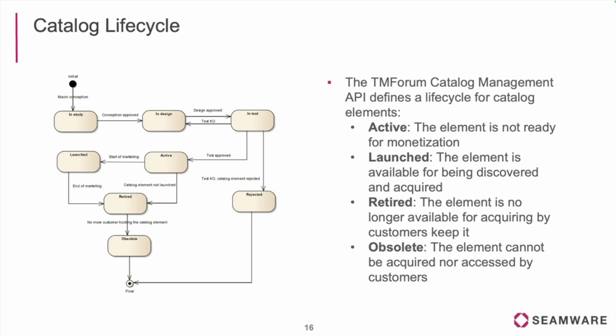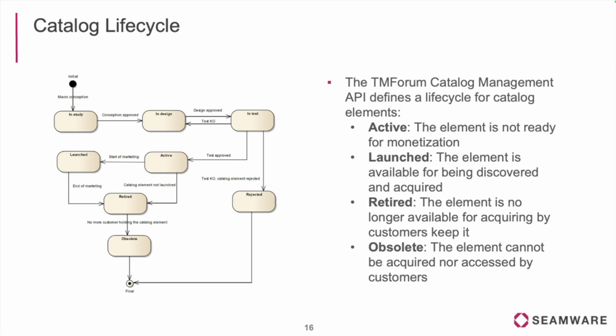When we decide that we don't want our product to be acquired anymore, we can change the status to retired. In retired status, the element can no longer be discovered or purchased, but all those customers that have already acquired the product can still use it.